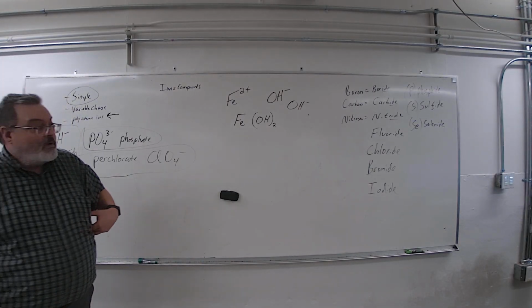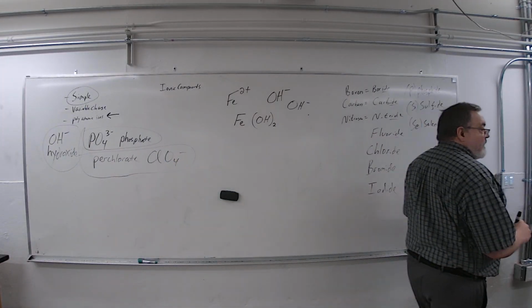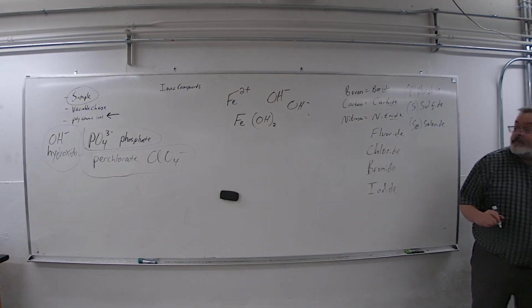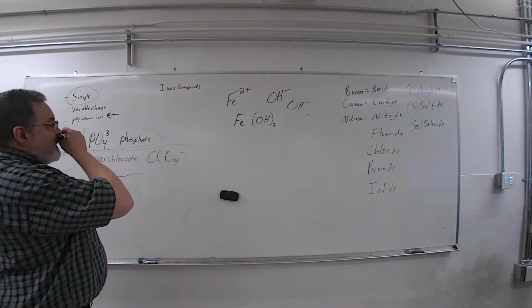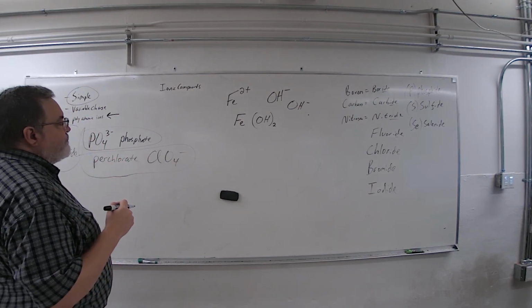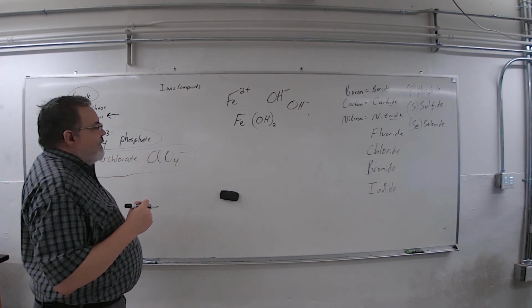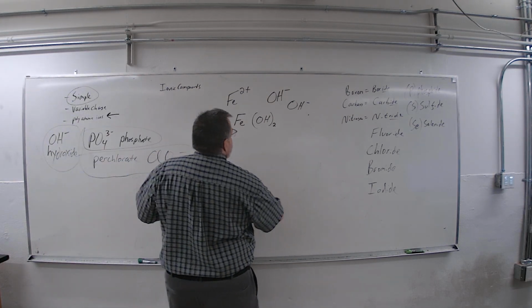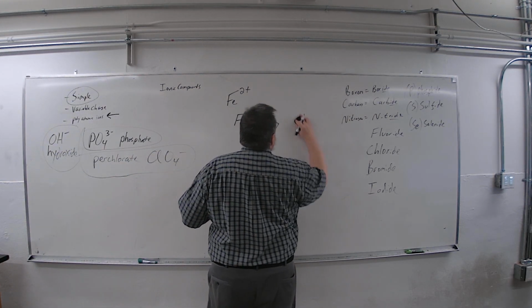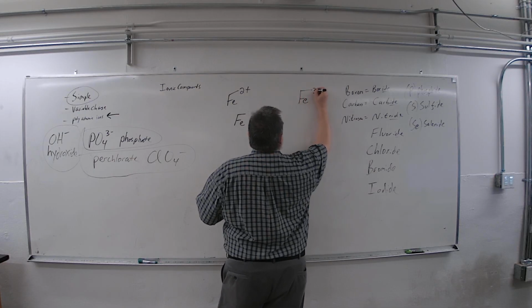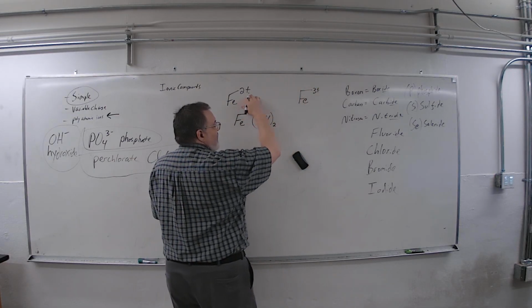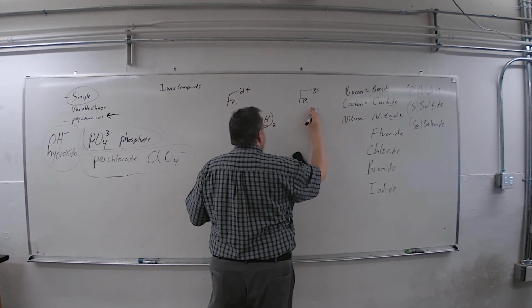Okay. I said iron hydroxide, but I told you that these have variable charges. Iron can be 2+ or it can be 3+.